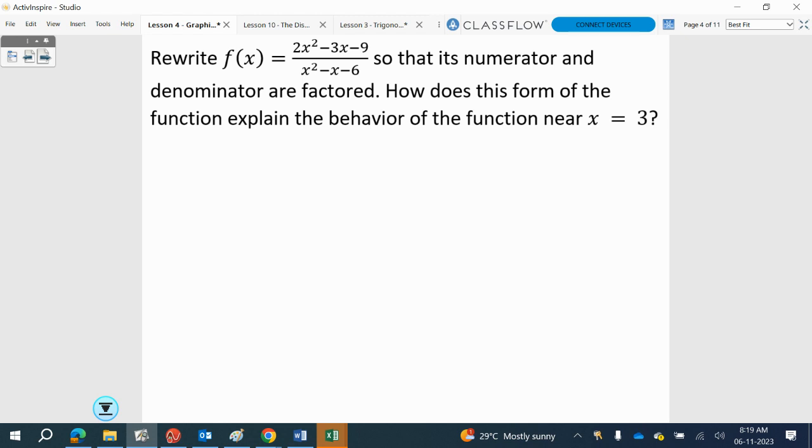X plus 3 and x minus 3 don't cancel out. They don't cancel out. Are we doing this? Yes, right, but they don't cancel out. They just stay.